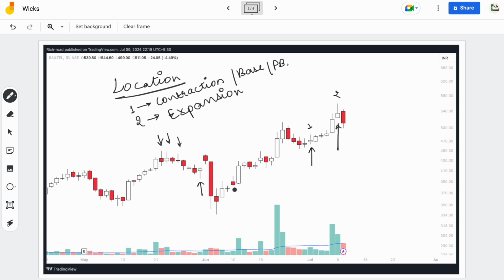Makes a lot of difference. It is your location point. So I've tried to mark these, the candles with the wicks. Now you know it well, right? You just cannot see a candle and label it bearish or bullish. What we will do is we'll have a look at some time frame. We'll see some time frame.